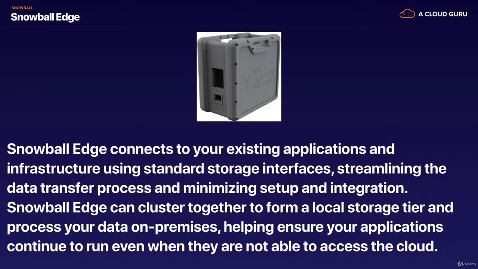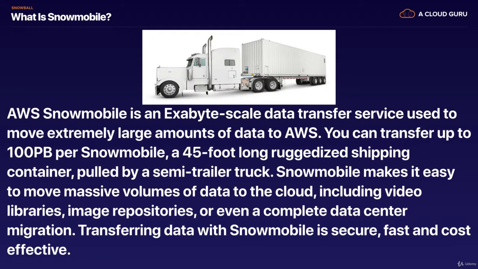Snowball Edge connects to your existing applications and infrastructure using standard storage interfaces, streamlining the data transfer process and minimizing setup and integration. Snowball Edge can cluster together to form local storage tiers and process your data on-premises, helping ensure your applications continue to run even when they are not able to access the cloud. Like I said, it's like a portable version of AWS.